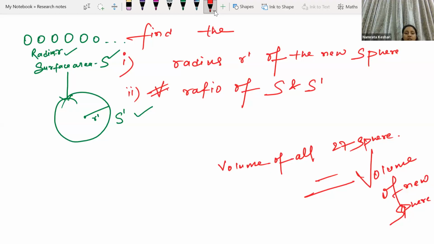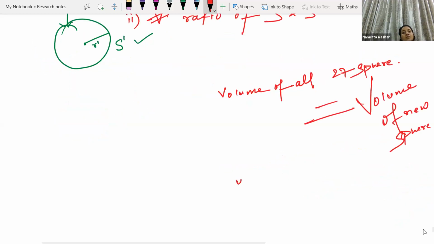That means previously, if I write the volume formula over here, since all were spheres, 27 spheres we had, into 4 by 3 pi r cube. r is mentioned in the question as well, so I am using small letter r only. That was given as the radius of the smaller spheres, right?